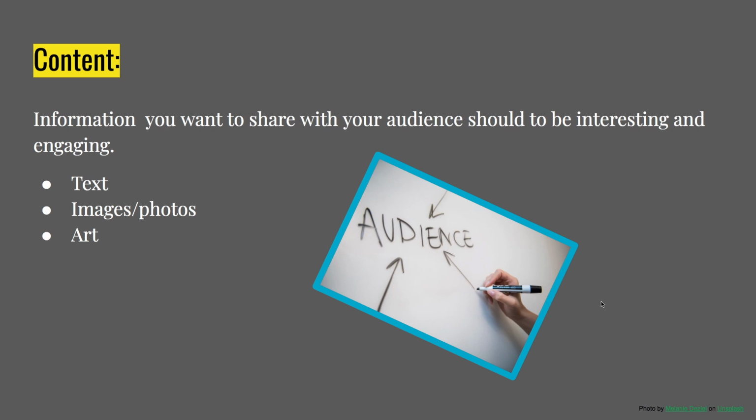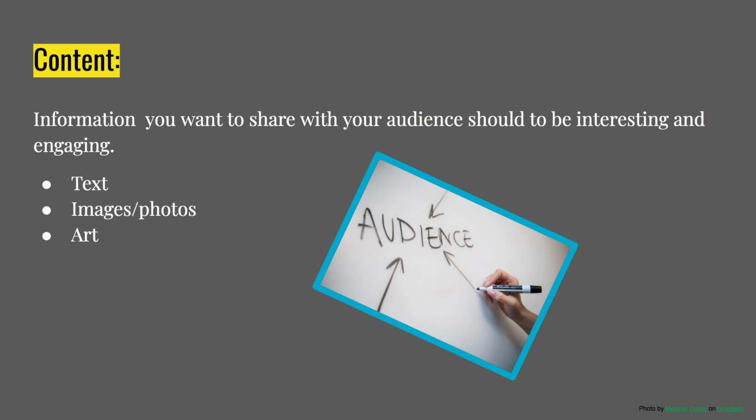The next thing I want to discuss is going to be content. That's the information that you want to share with your audience, and it should be interesting and engaging because you want people to come and visit your site. You want to show them what it is that you're talking about. So we want to make sure that we write interesting topics.